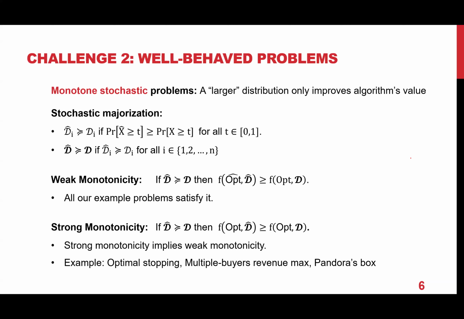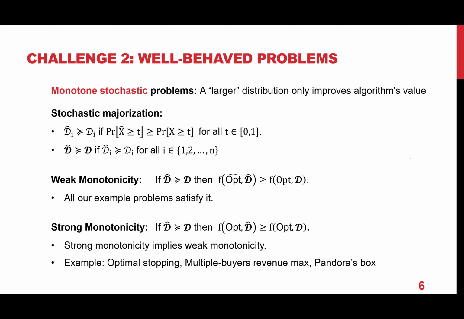It says again that if I give you two distributions, d hat and d, where d hat is larger than d, then f of opt of d hat is greater than f of opt of d. The right-hand side is the same. You have the smaller distribution, it has some optimum opt, and its performance here. The left-hand side is slightly different. I've changed opt hat to opt.